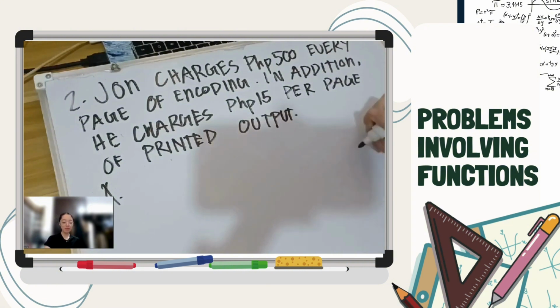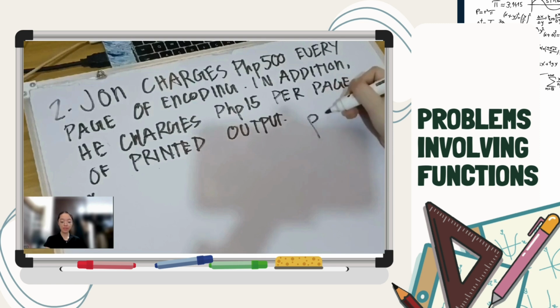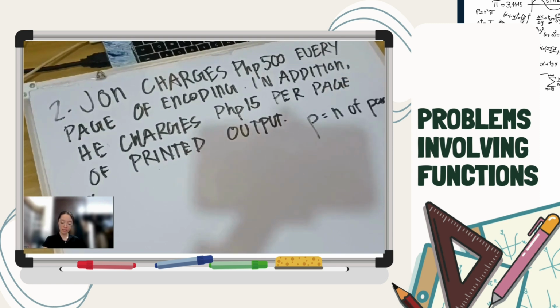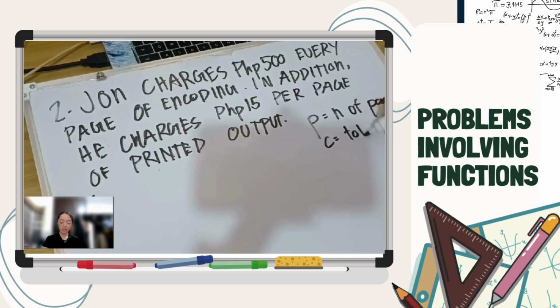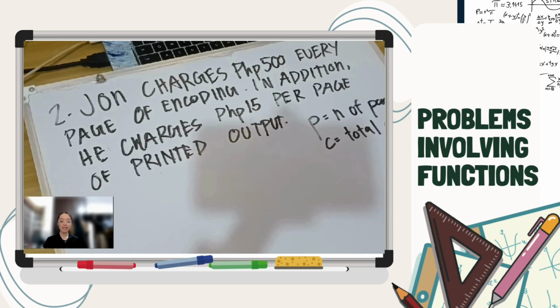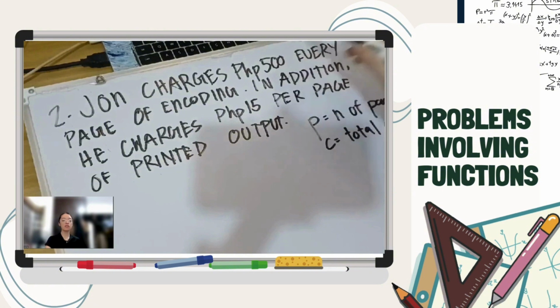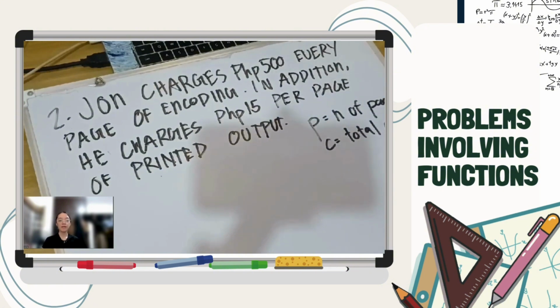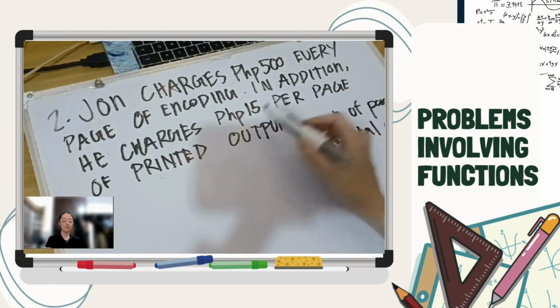We can denote that P equals the number of pages and C equals the total charge. We may also assign a letter for 500 pesos since the charge for every page is 500 pesos, and the charge per page of printed output is 15 pesos.